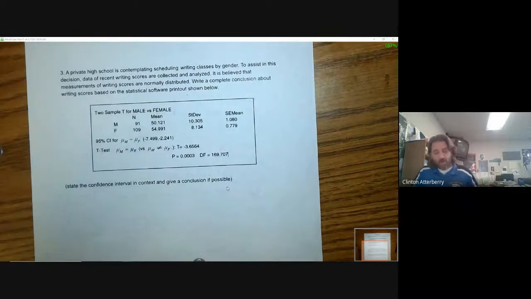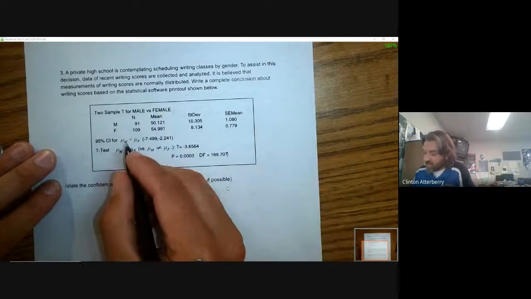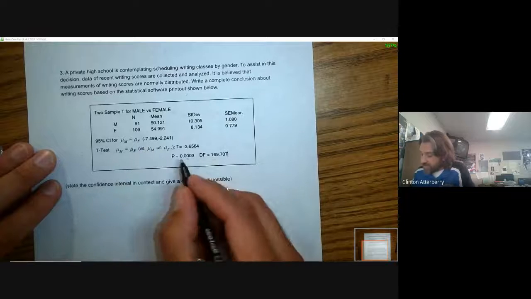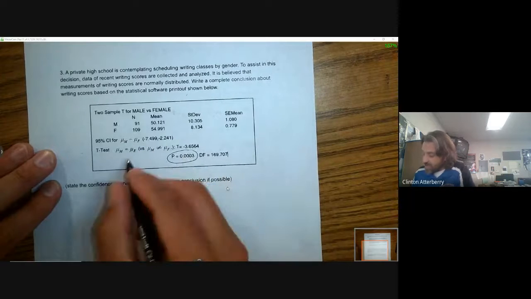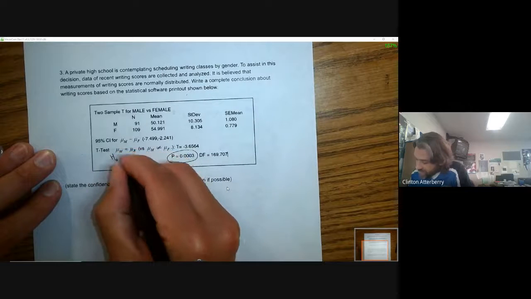Okay, so what we should do is start by talking about the p-value. There are a few ways you could say this, but basically, based on this p-value, this right here is our null hypothesis because it has the equal.